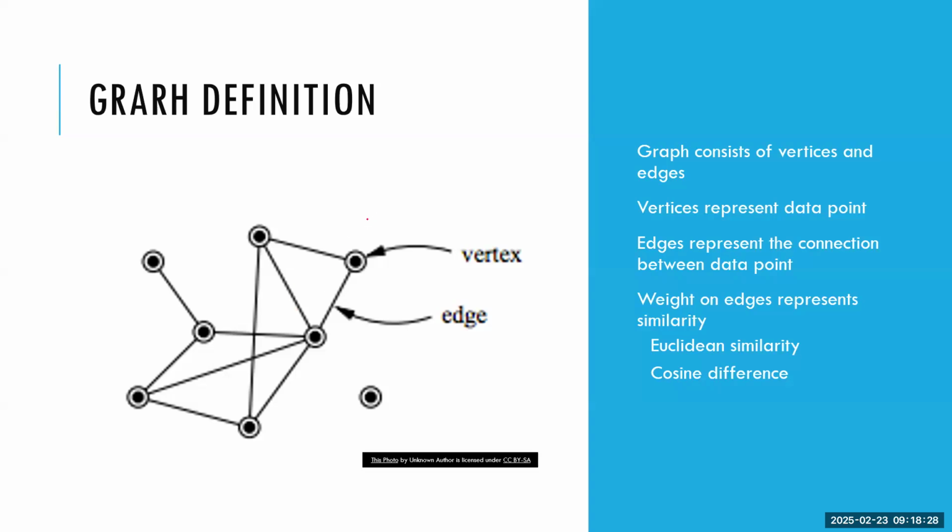This dot here is the vertex, and the edge is basically a connection between two vertices. And this edge has a weight. The weight on the edge represents the similarity between two data points, so it can be maybe Euclidean distance or maybe cosine similarity.